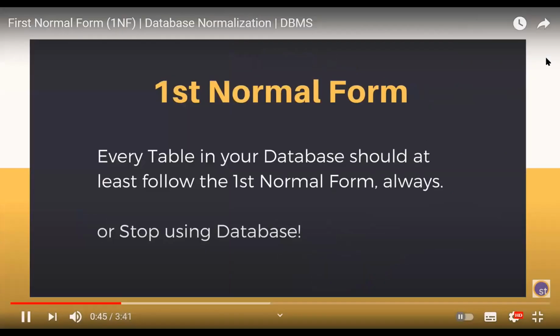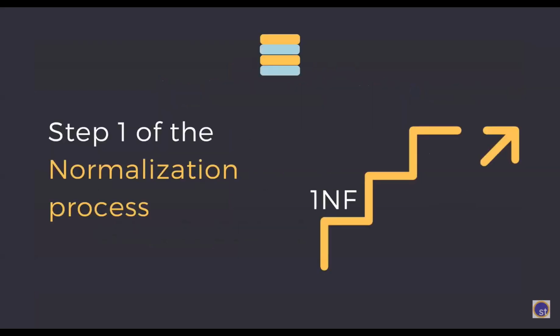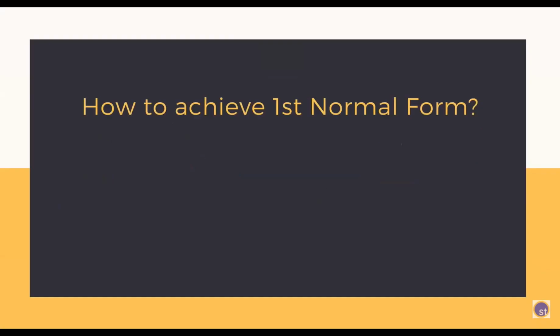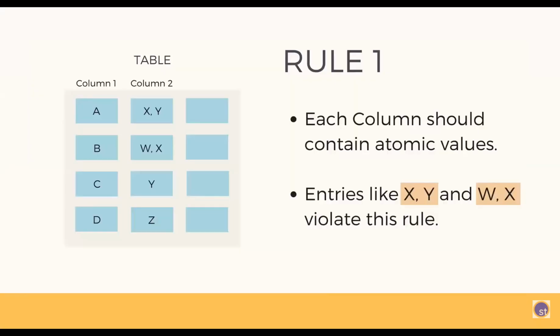So we can say first normal form is the basic requirement, and following this should become your default nature while creating tables to store data. Also, it is step 1 to move on to second and third normal form. The first normal form expects you to follow a few simple rules while designing your database, and they are: rule number 1.